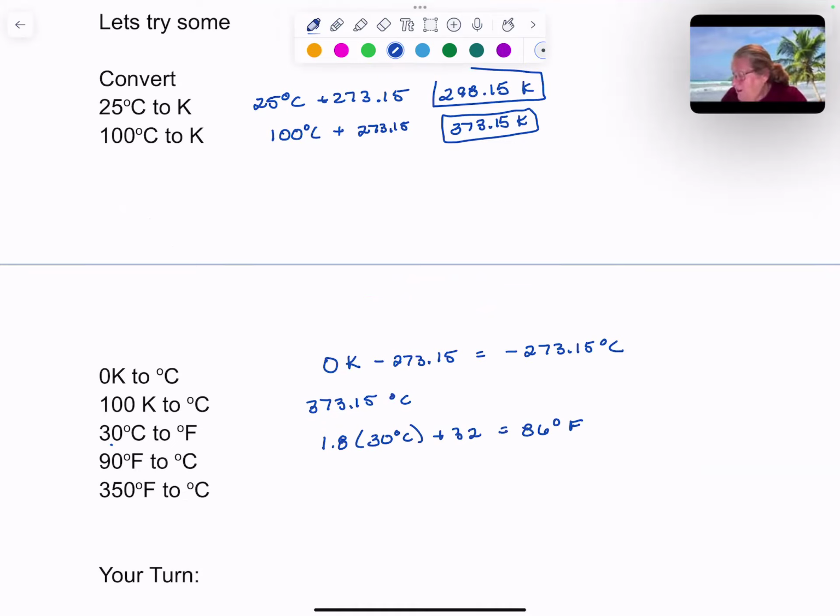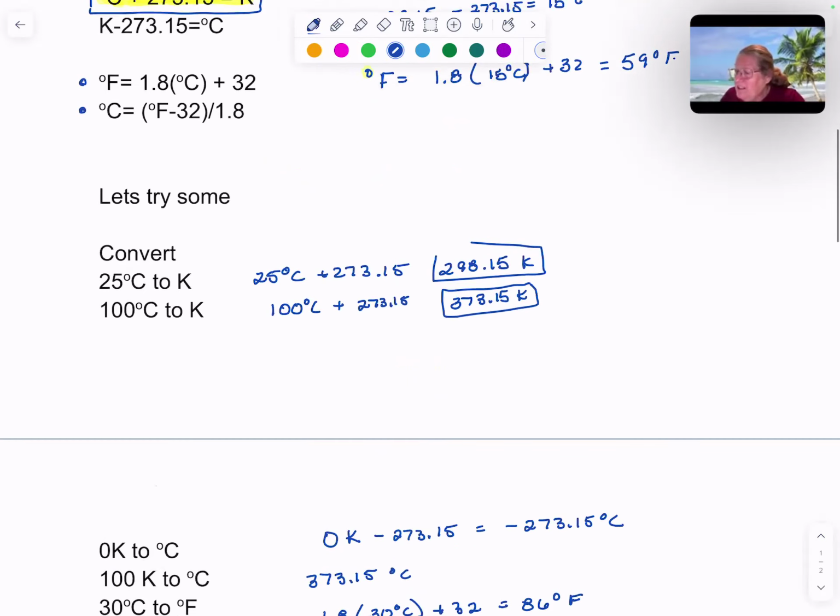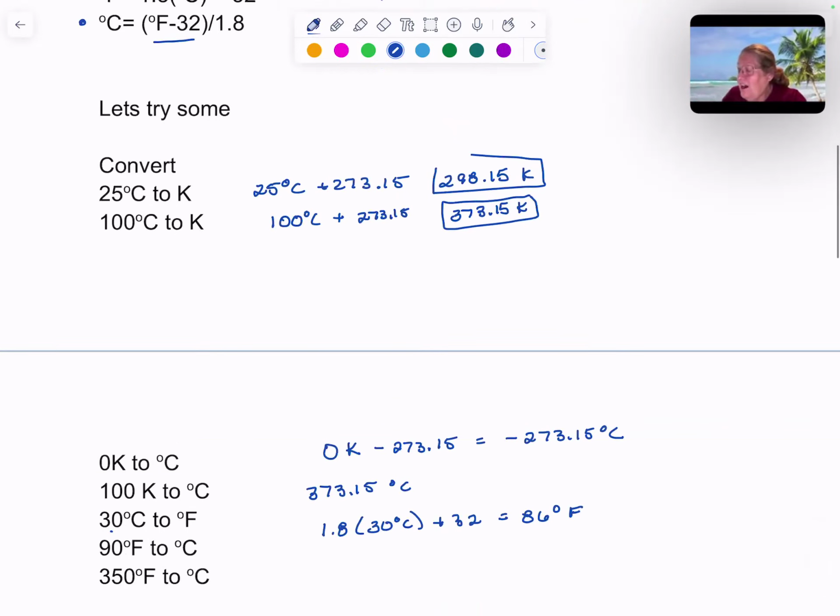350 Fahrenheit to degrees Celsius. Okay, so this is if you're making cookies. And so you've got a recipe that you use here in the US, and you're in a timeshare or a B&B somewhere in another country, and you've got to figure out what to set the oven at. So to go from Fahrenheit to Celsius, we're going to take our degrees Fahrenheit, we're going to subtract 32, and then we divide by the 1.8.